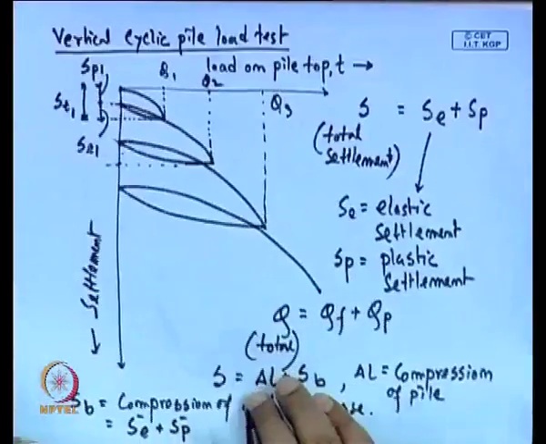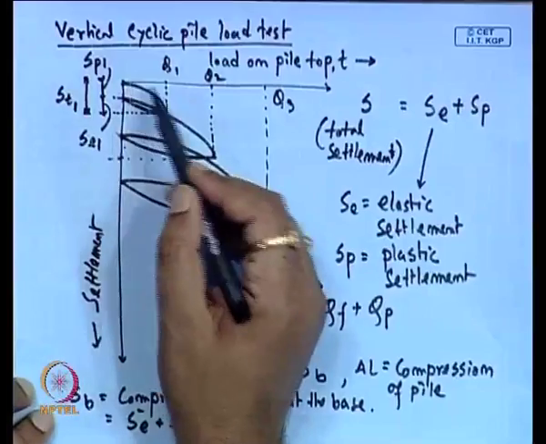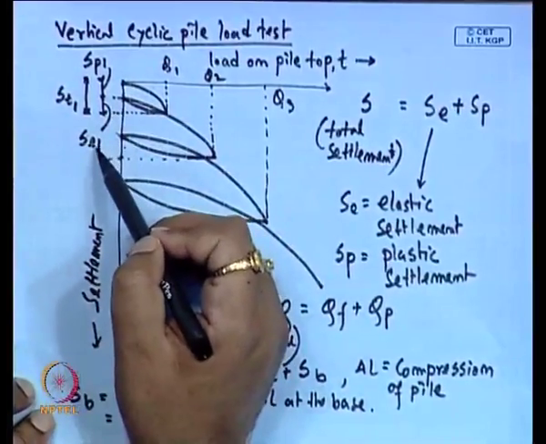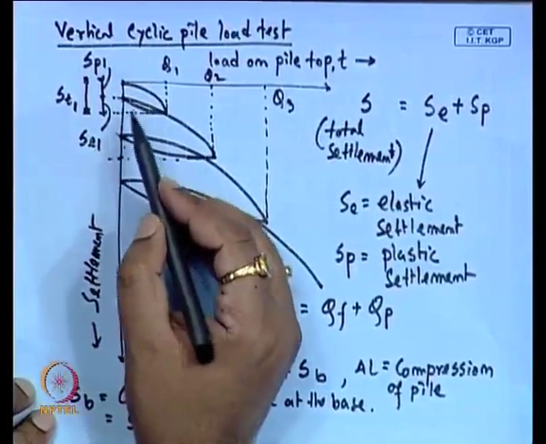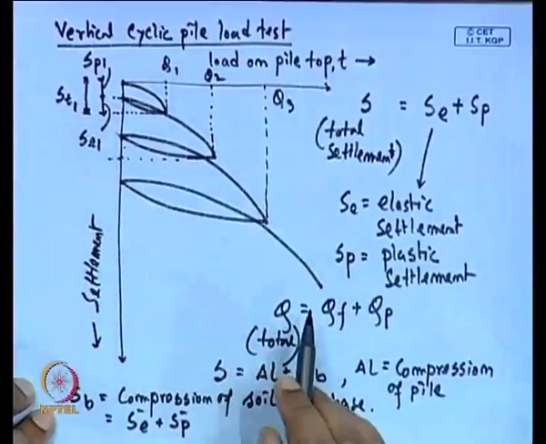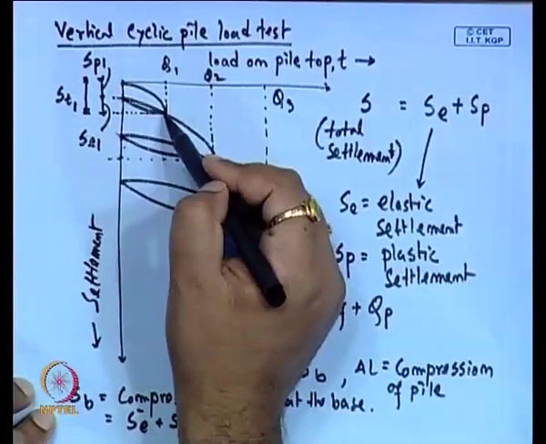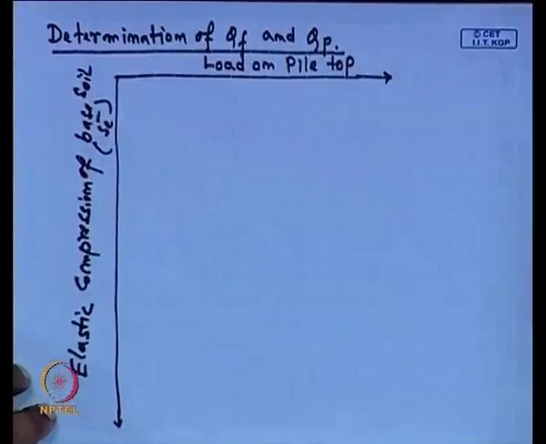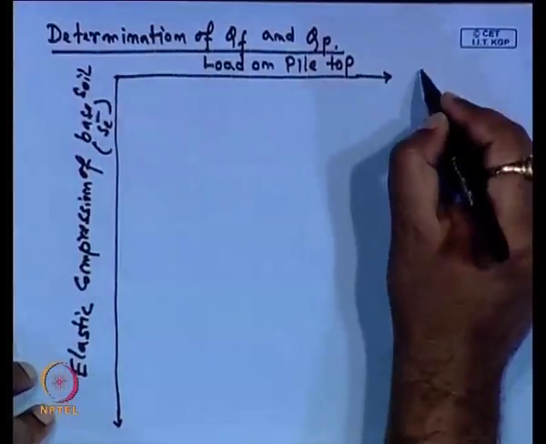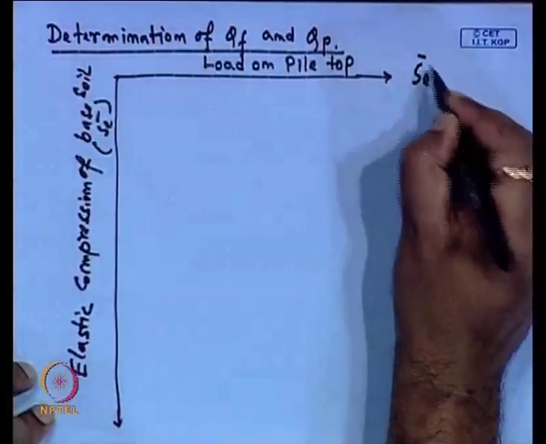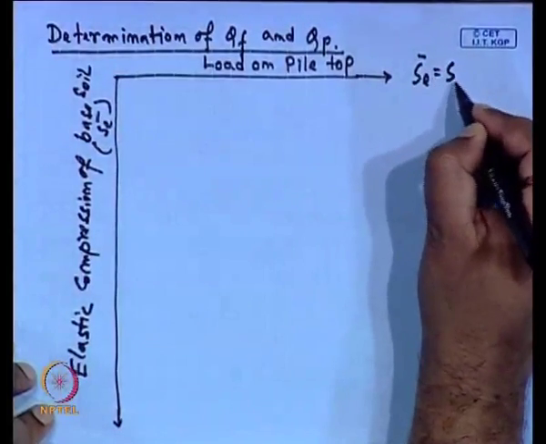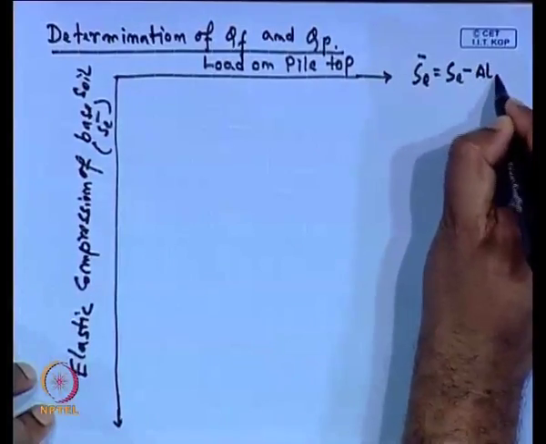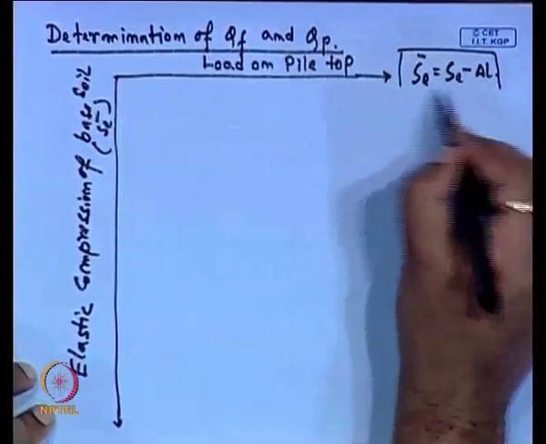From this first curve we will get the SE for a particular load intensity. Because our expression is AC bar equal to SE minus del L, that is the expression.